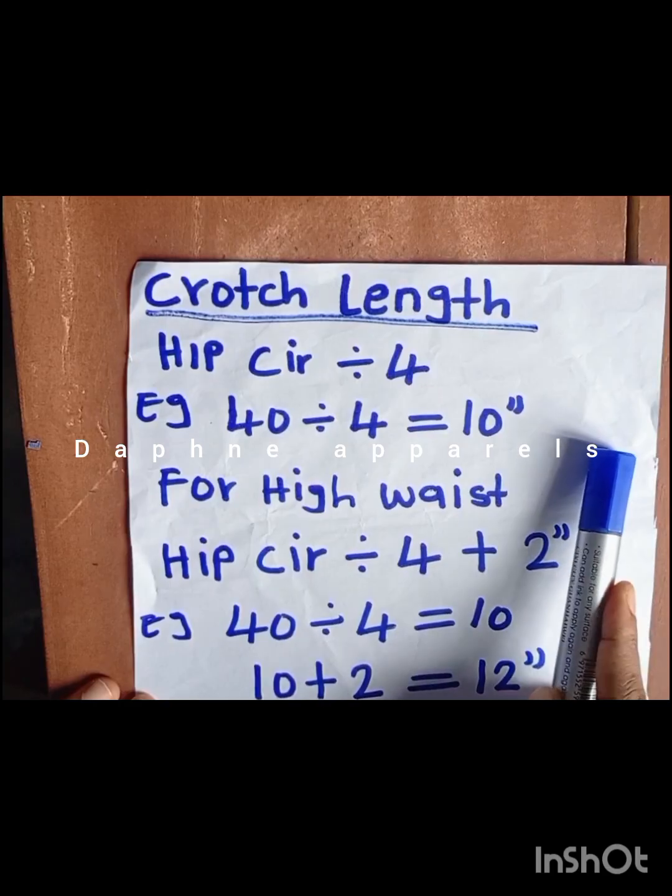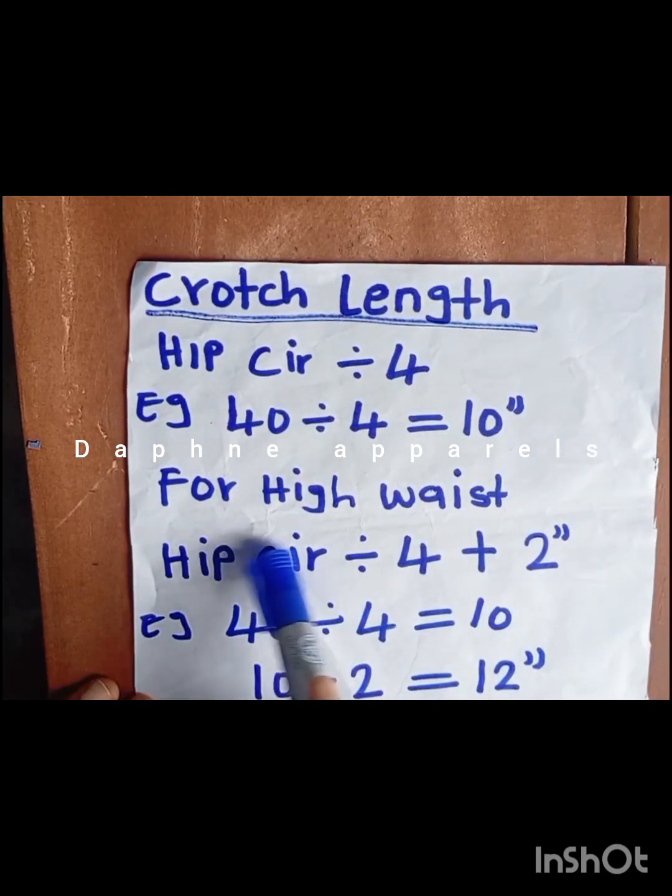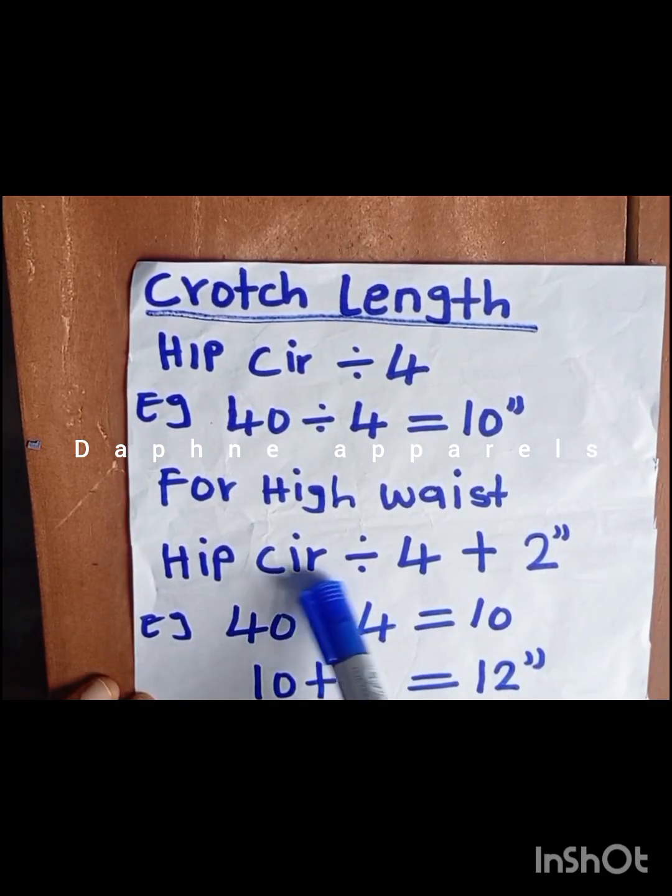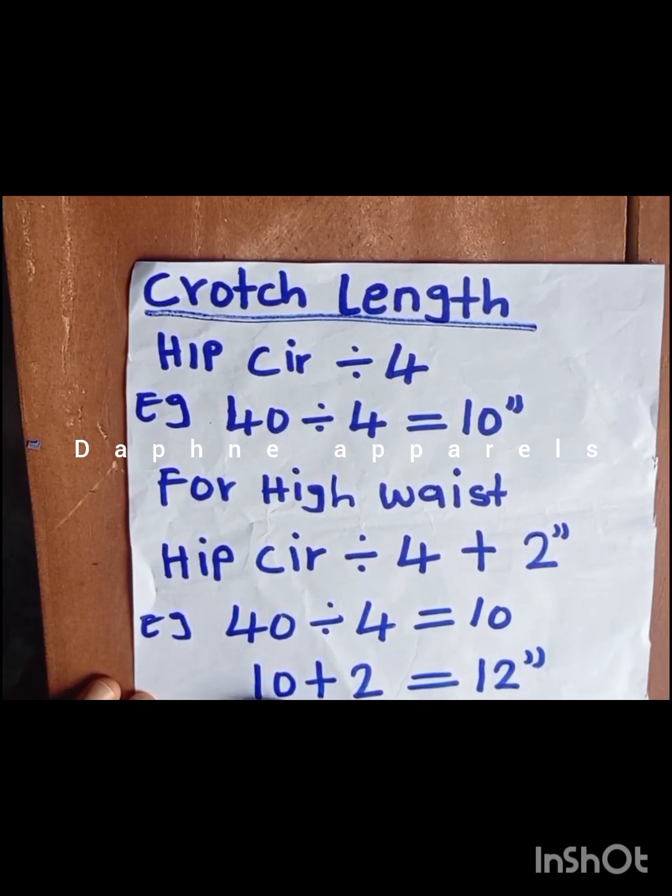And if you want it to be a high waist, the formula for it will be hip circumference divided by 4 plus 2 inches. Example, 40 divided by 4, it will give you 10 inches. 10 plus 2, it will give you 12 inches. That is for high waist.